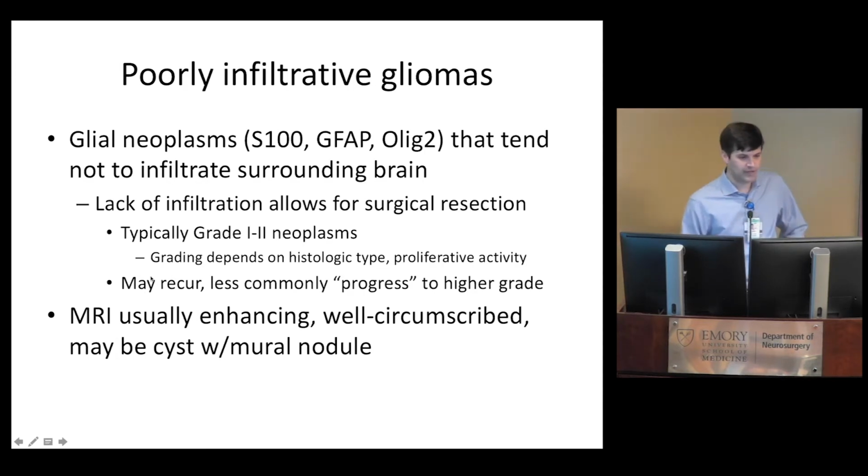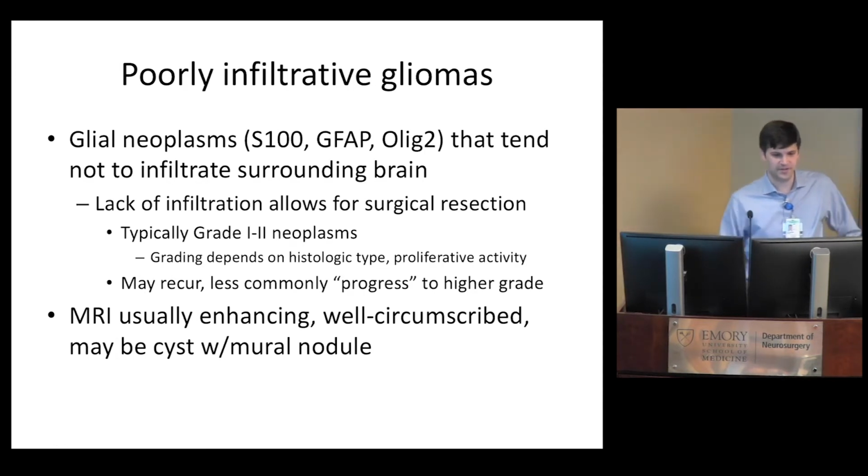So, poorly infiltrative gliomas. These things go by a bunch of different terms. All right, you'll see a bunch of different names for these things in the literature. You'll see encapsulated glioma. You'll see low-grade neuroepithelial tumor. You'll see low-grade glioma.